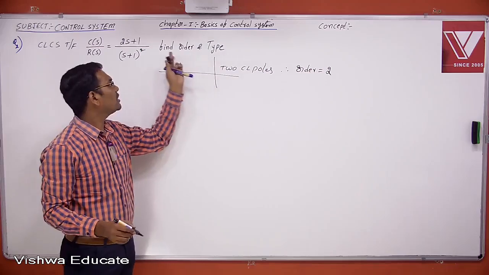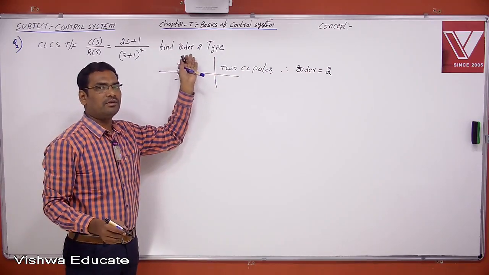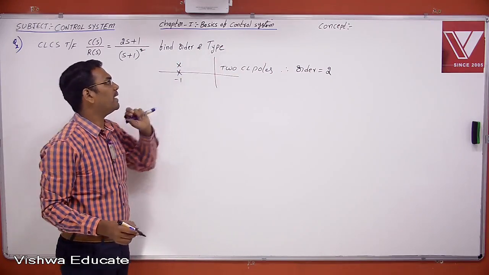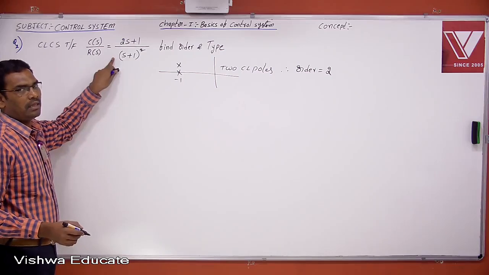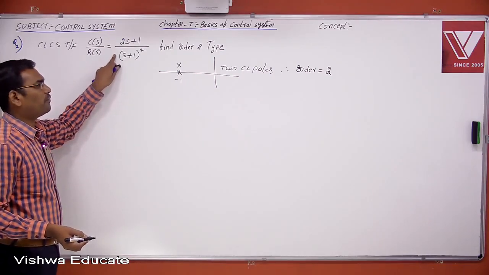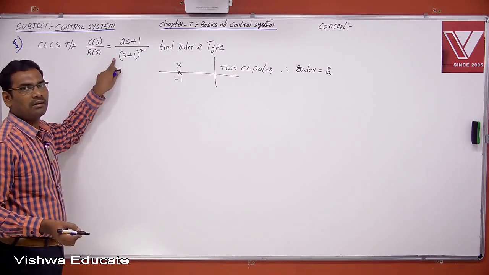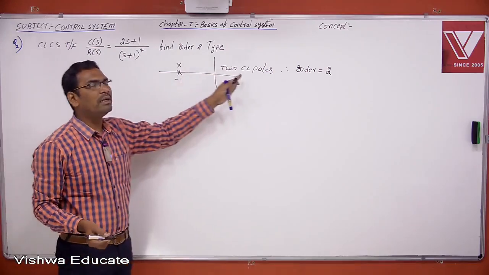Now this is the closed loop control system, and we can find the order directly. But the question asks for order and type. In the previous session I also discussed that while looking for the type, you should not look at the number of poles at the origin here. Most of you think the number of poles at the origin is 0, therefore the type is 0. That is wrong, because this is the closed loop control system, where we can find only the order.